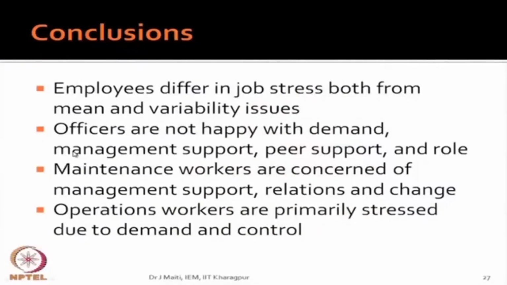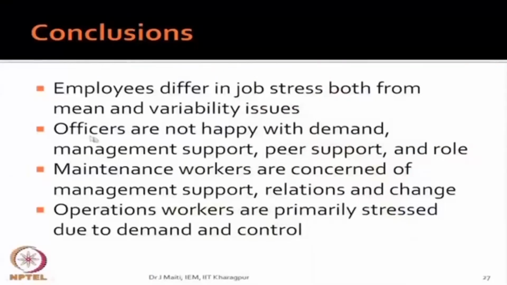But what this study is giving is that job stress arises from many reasons, and officers' job stress and operations workers' job stress are not caused by the same causes. It is clear from this study that for officers there is a problem from the demand, management support, peer support and role point of view, whereas for maintenance workers it is management support, relations and change, and operations workers are primarily stressed due to demand and control.